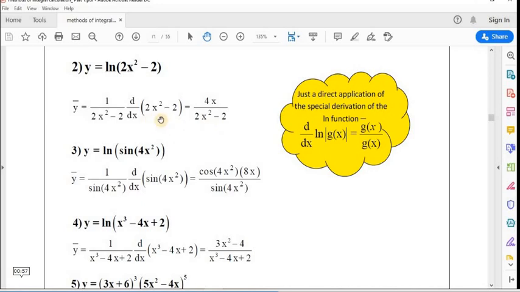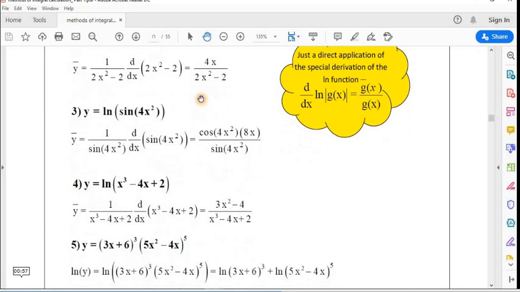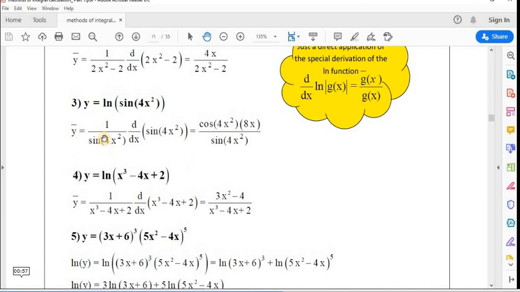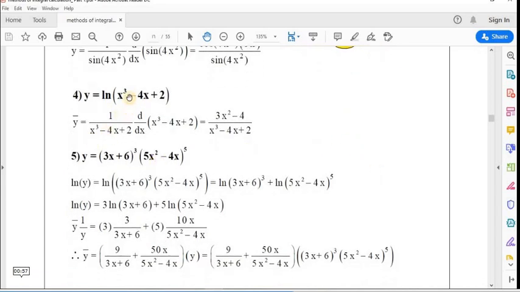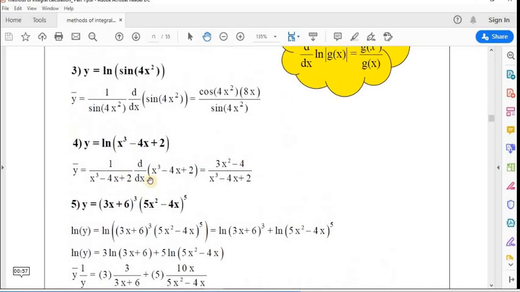Same situation here, same concept: 1 divided by g(x), this is the g(x), multiplied by the derivative of this function. Next one, also the same: 1 divided by g(x), we keep this function as it is, multiplied by the derivative of the function.